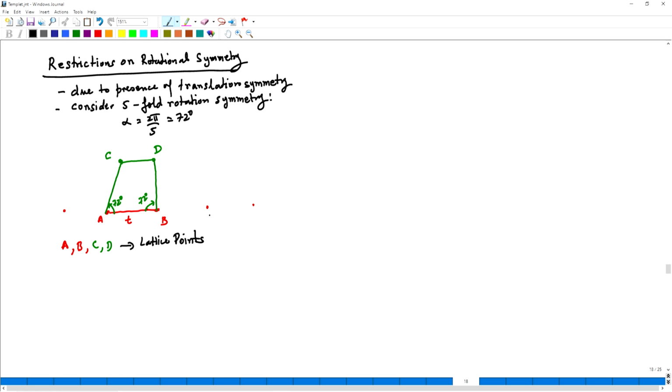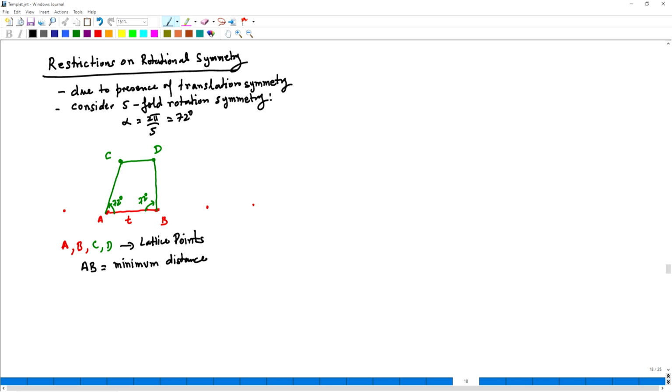Now, from this diagram, AB is the minimum distance between lattice points, because it is the distance between two adjacent lattice points. In any other direction in the lattice, the minimum distance cannot change.